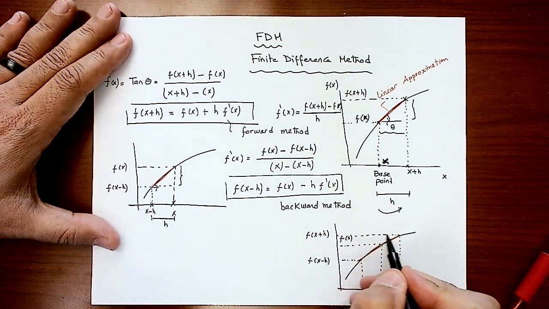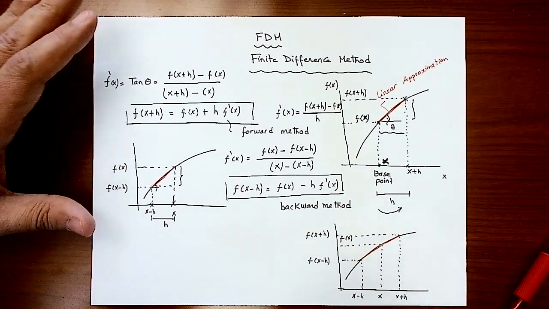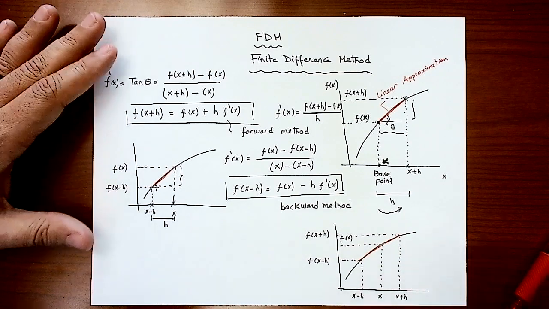In this case, my base point is centered between 2 points, one forward and one backward, right? Then if you do that, you can easily get the slope of the line.